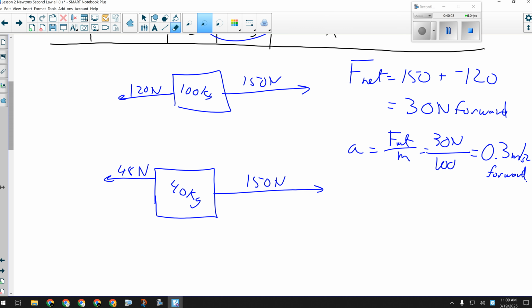What else is pulling on that box? The 60 kilogram box, through the rope. So the other force pulling on the 40 kilogram block is the tension in rope B. I mean, think about it. If you're pulling something behind you, you can feel the force pulling backwards on you.